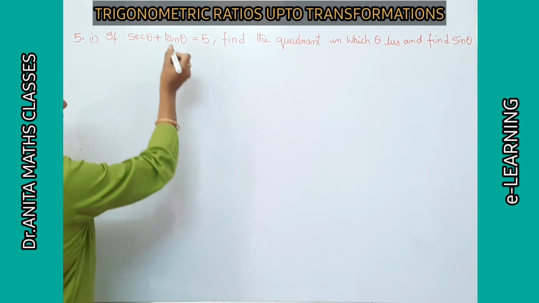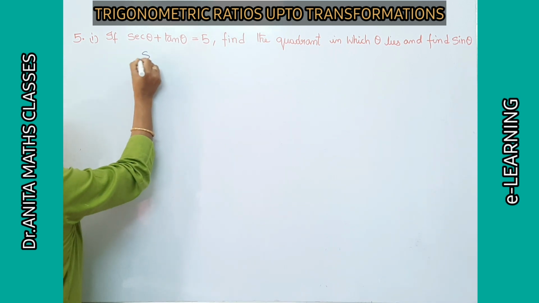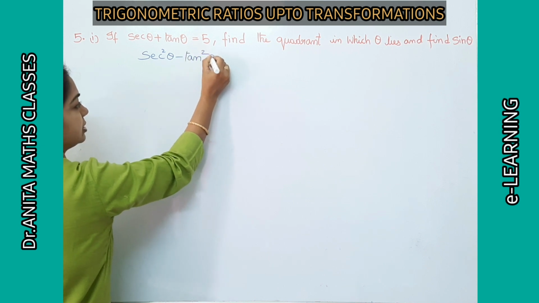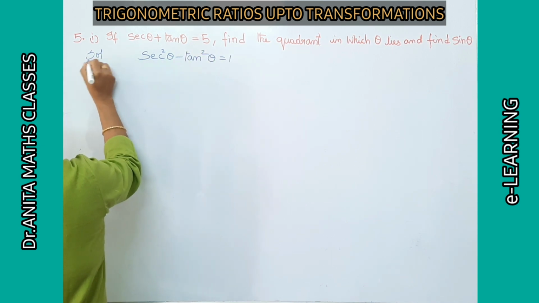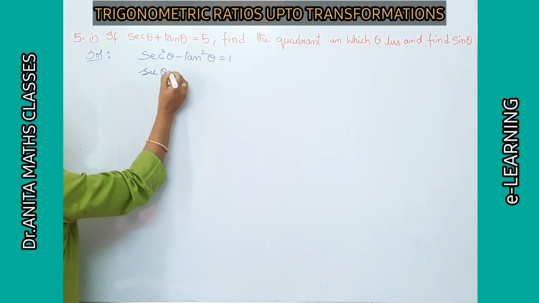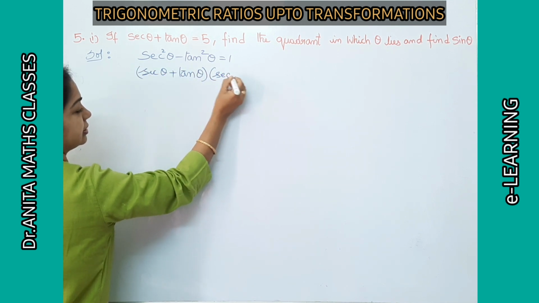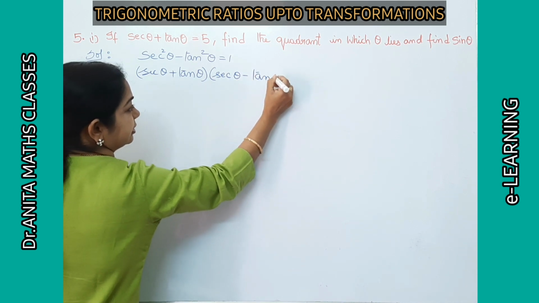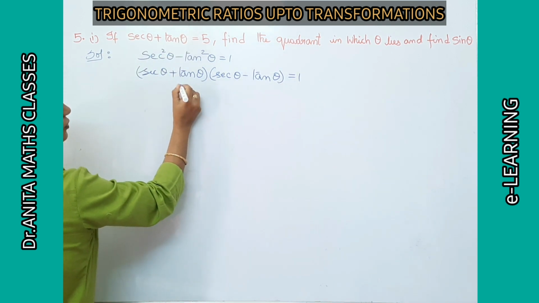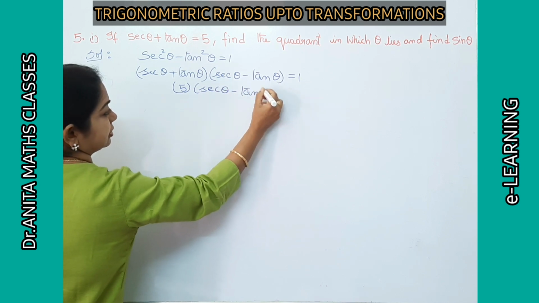Here, by seeing secant and tan, we have to remember the second identity, that is secant square theta minus tan square theta equals 1. Like a square minus b square, secant theta plus tan theta into secant theta minus tan theta equals 1. We substitute the value of secant plus tan as 5, so 5 into secant theta minus tan theta equals 1.